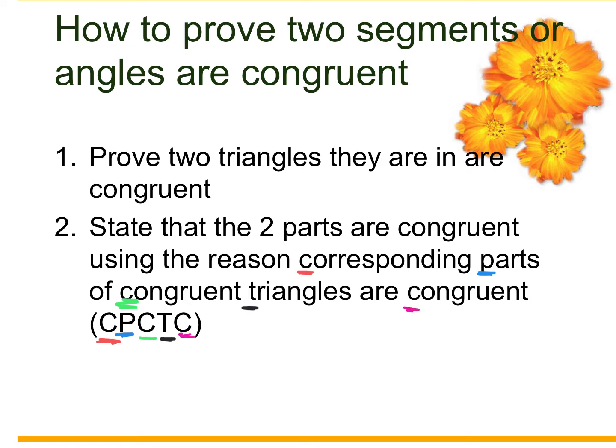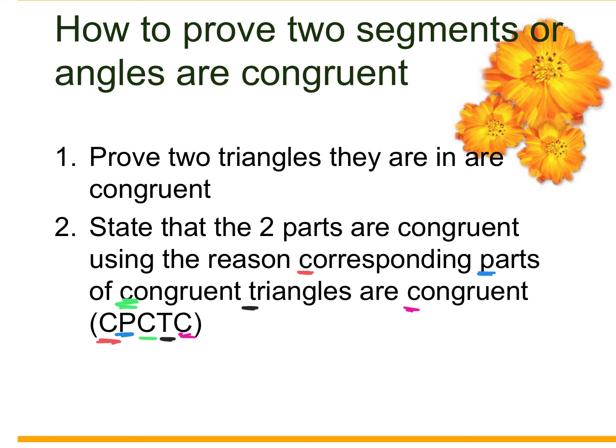So corresponding parts of congruent triangles are congruent. This will always usually be your last reason in your proof. You're going to first have to prove the triangles are congruent by one of the 5 shortcuts. And then after that, you're going to go back and find another congruent part of the triangle using this reason.